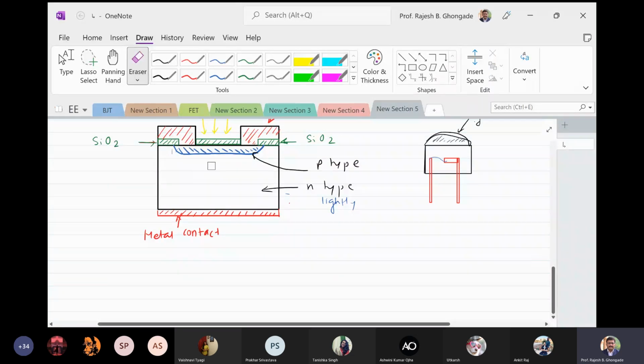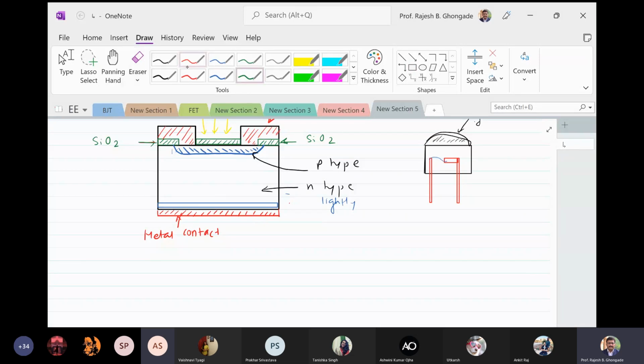Now this is in contact with the lower heavily doped n-type layer which connects to metal film contact. So you have another layer, I missed it. So there is another layer here of n-type, but it is heavily doped. Okay, I'll use a different color.